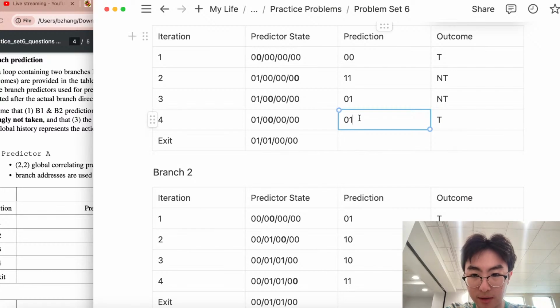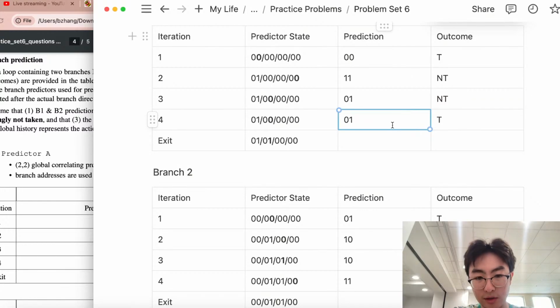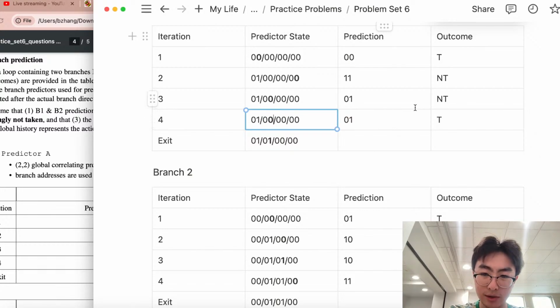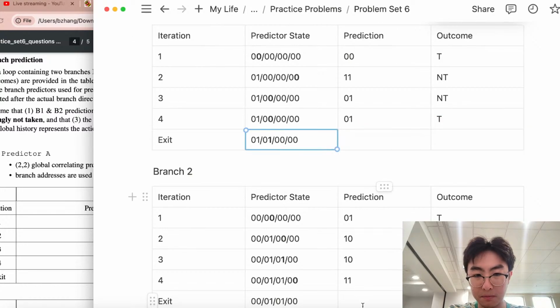The reason is because we have a taken and then not taken. So this will give us 0, 1 that index the first. Yeah, it's index 1. I shouldn't say first because it confuses with 0. But this is taken, so we end up flipping it to 1. Okay.